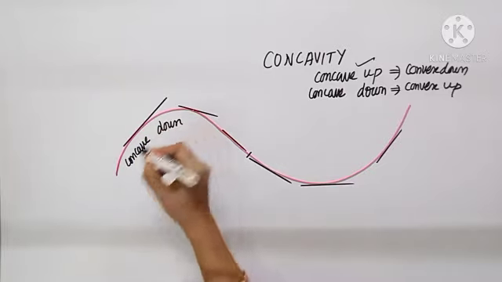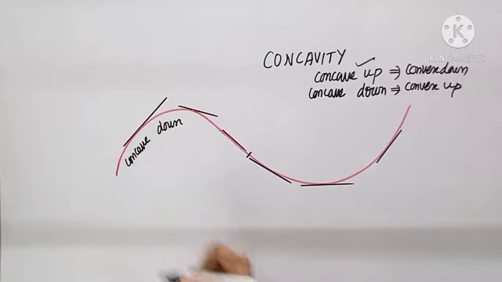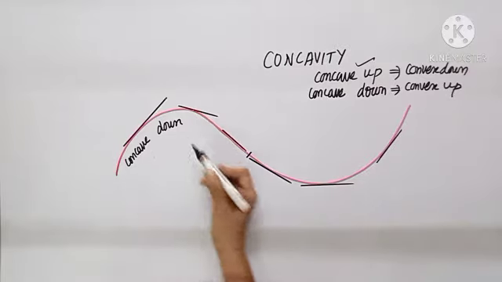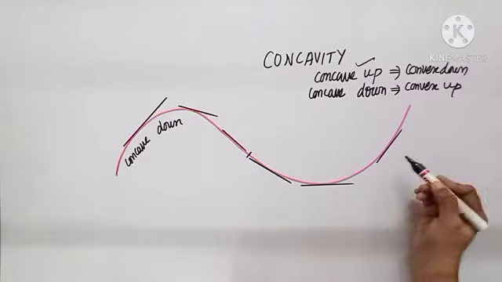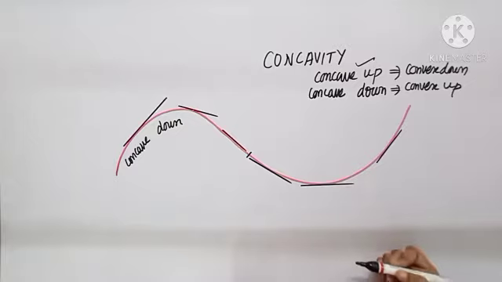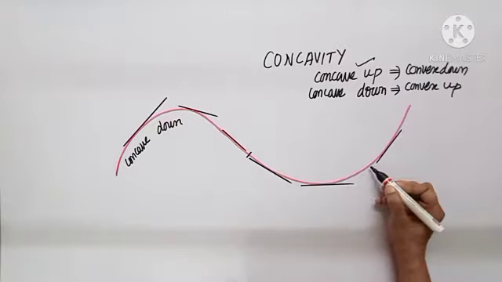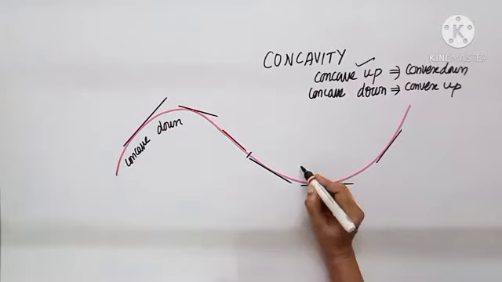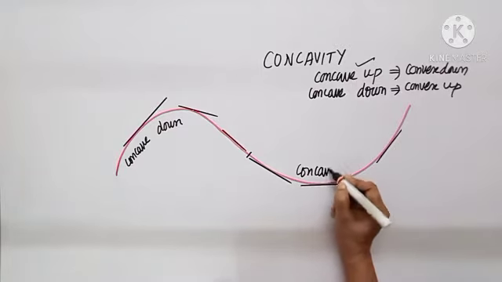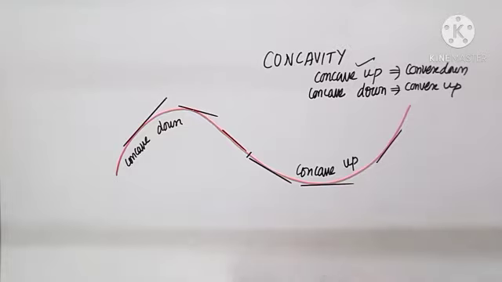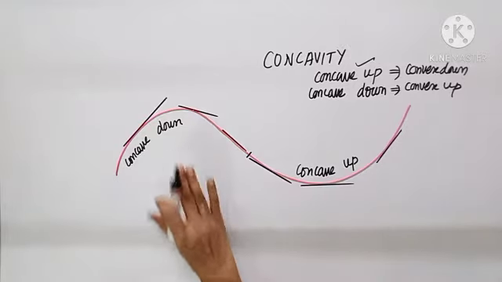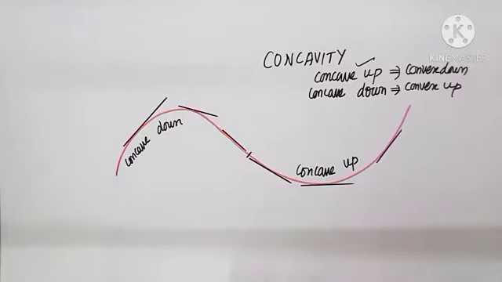Whenever the curve is below the tangent, I will call it concave down. Here, the curve is above the tangent. Wherever I draw, here also I can draw and check, the curve is above the tangent. So this I will call concave up. So if you are given a curve, I can easily find out this.